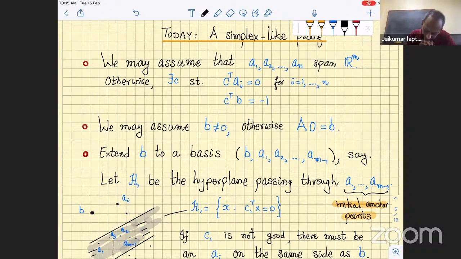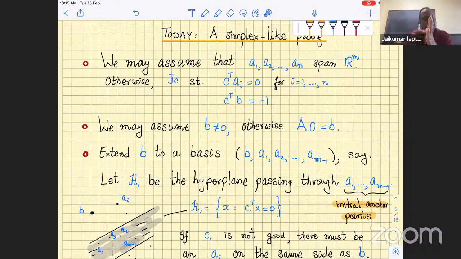Let's start. The first thing is, we may assume that the cone that A1 to AM produces is already full dimensional. Because if it was not full dimensional, then we know that A1 to AM together with B span the whole space.